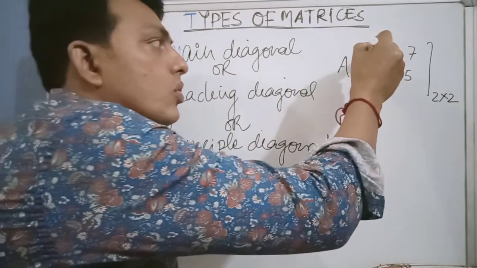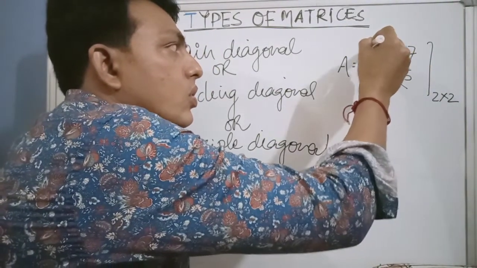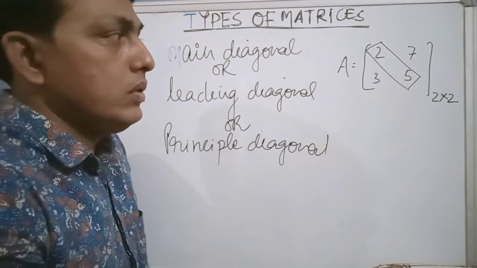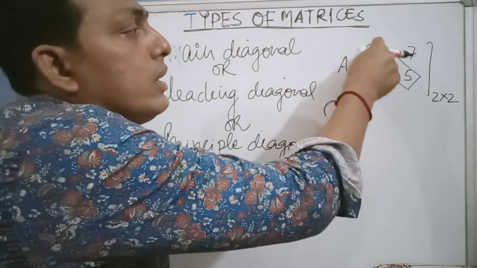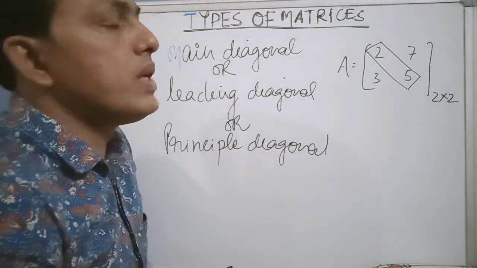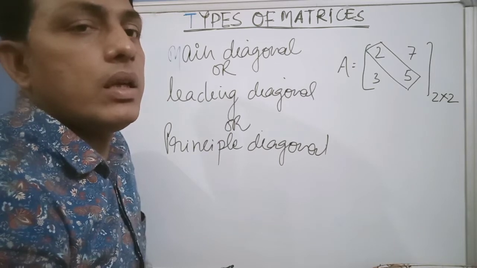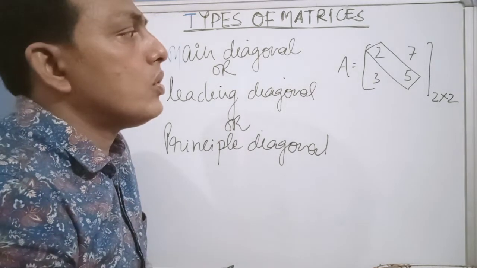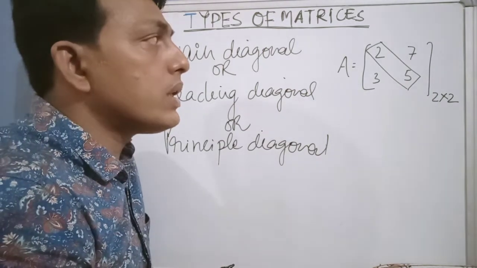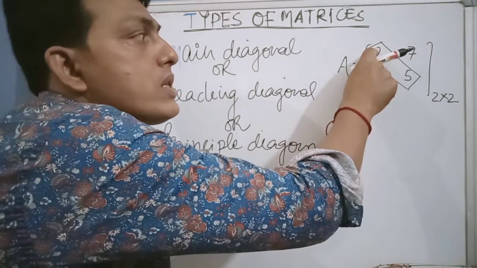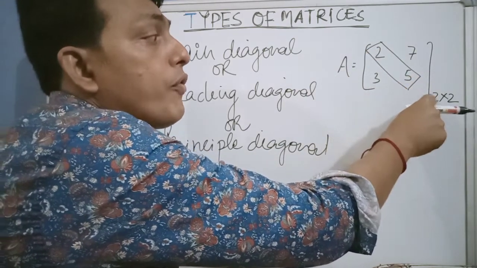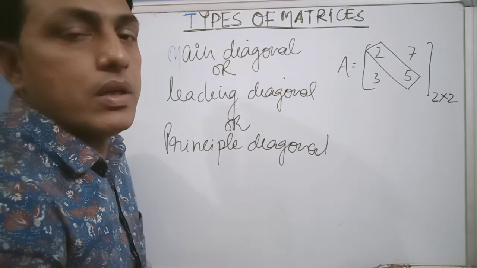So this is called leading diagonal or main diagonal or principal diagonal. Correct? Means the diagonal joining the first element and the last element of a square matrix.